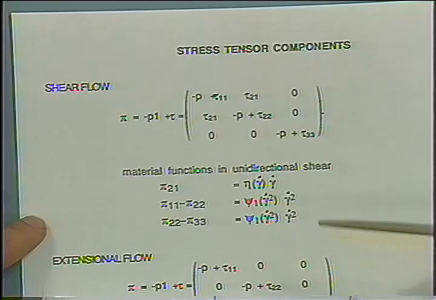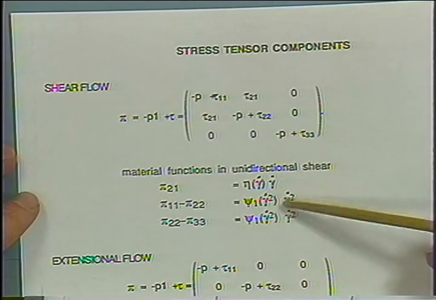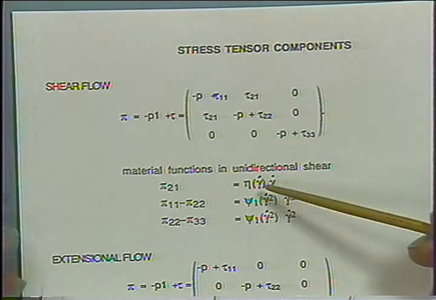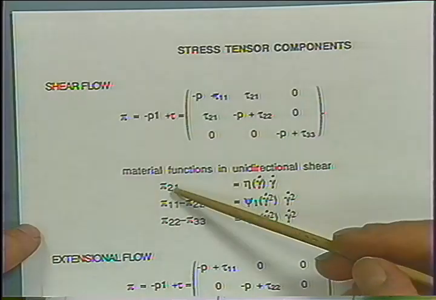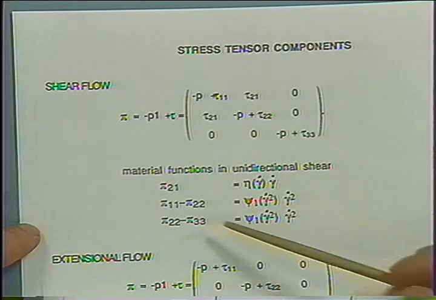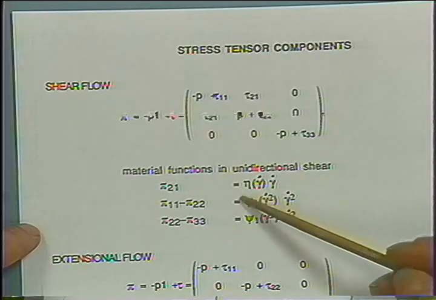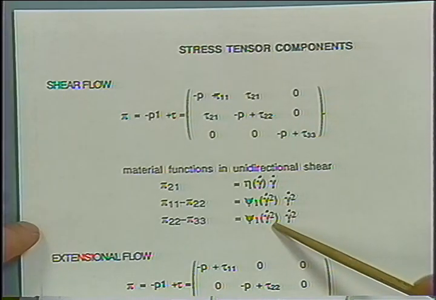And to define now the behavior in shear flow, we need 3 material functions. We need the viscosity. That's well known. The viscosity is just the shear stress divided by the shear rate, and that's the conventional definition. But we also need the coefficient of the first normal stress difference and the coefficient of the second normal stress difference.